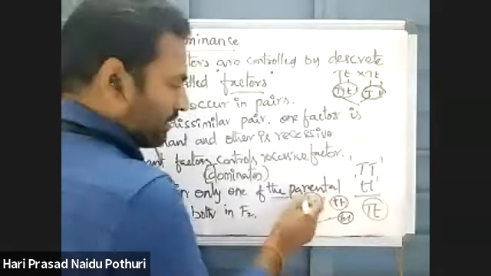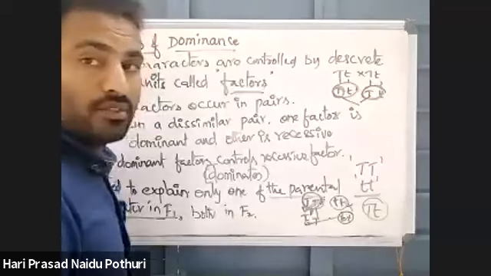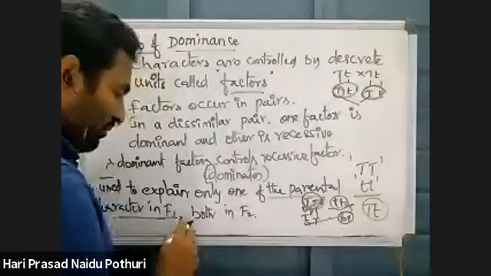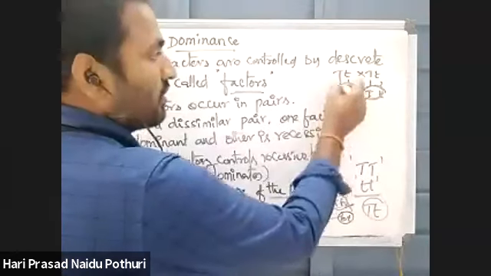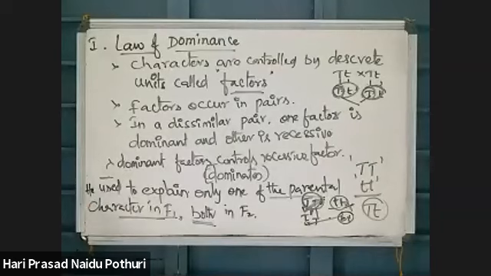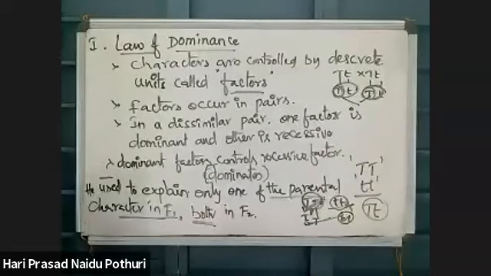The character from the other parent is not explained. But both parental characters appear in the F2 generation. So this is the law of dominance.